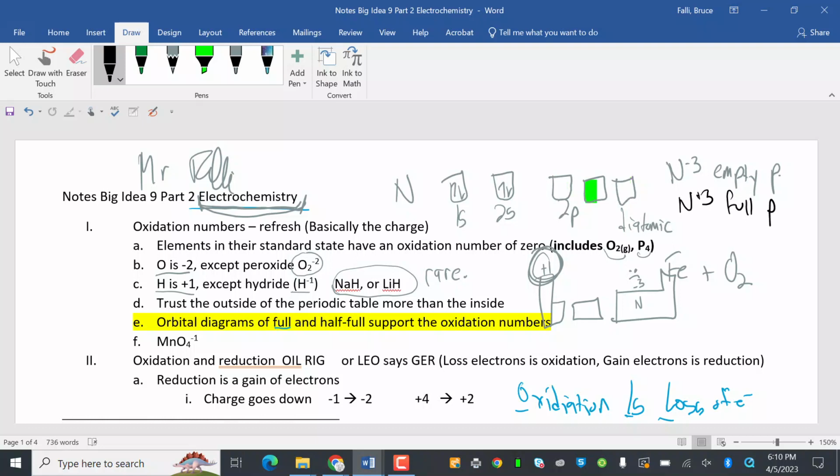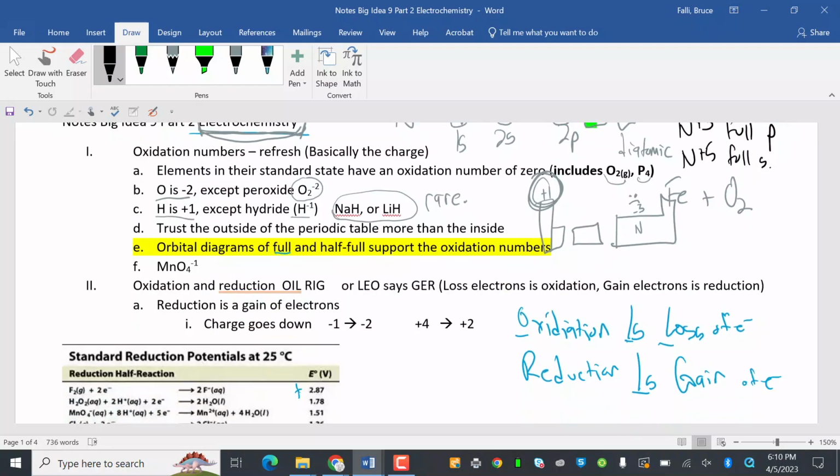I'm going to go back to what we had before. If I had N +3, and if I have N +5, that would lose 5. That would have a full S. Okay, so you should be able to explain all those charges.